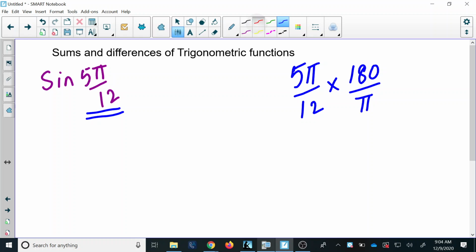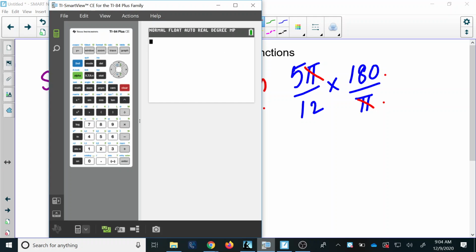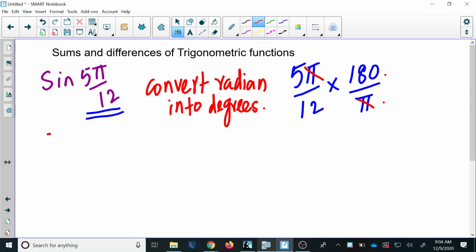That's how you convert radians into degrees. Now you multiply by 180 over pi, the pi's cancel out, and you multiply 5 times 180 over 12. You can just use the calculator. 5 times 180 over 12 gives you 75. So you're going to write sine 75.